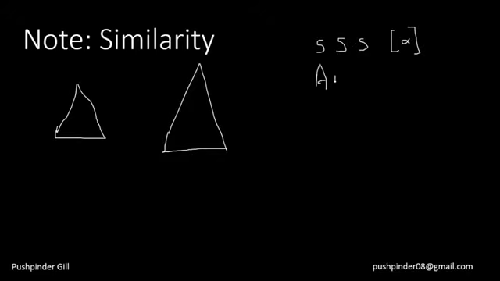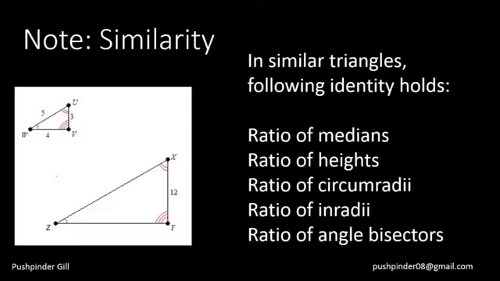Similarly, if all three angles are the same, the triangles are similar. Similarly, if two sides are proportional and the angle between them is the same, then again I can say the two triangles are similar.